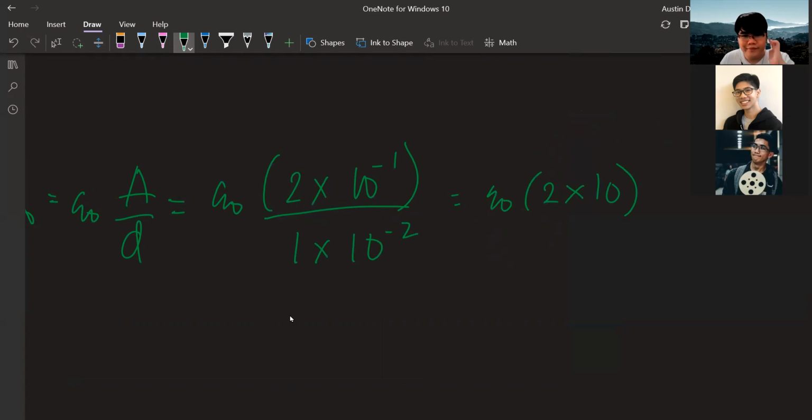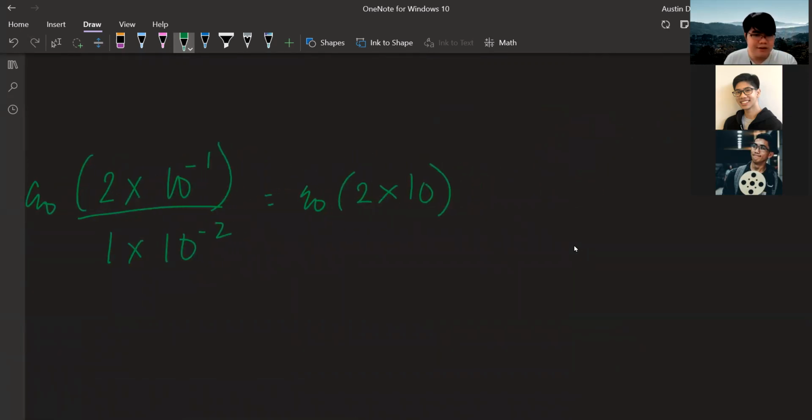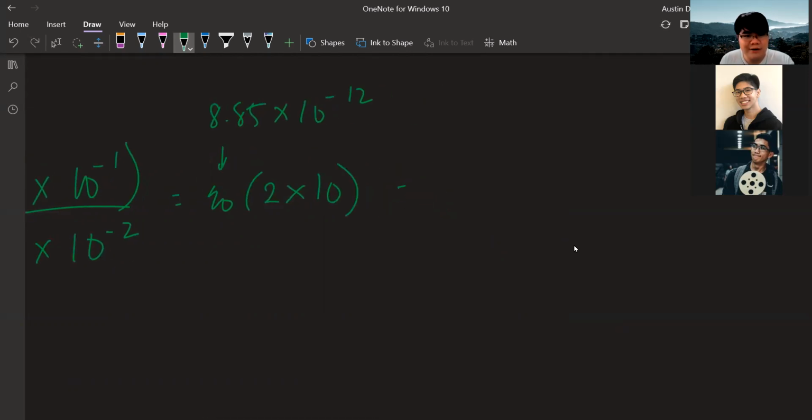Okay. So you plug this into your calculator. Kasi ito ay 8.85 times 10 to the negative 12. Hassle, di ba? Lit na number.